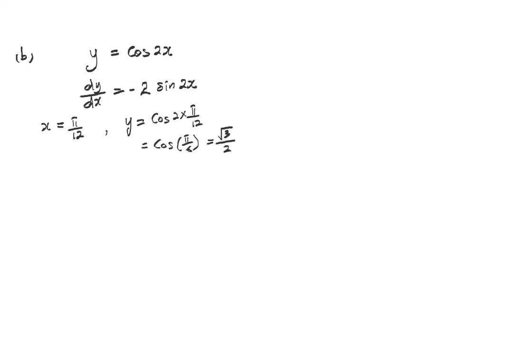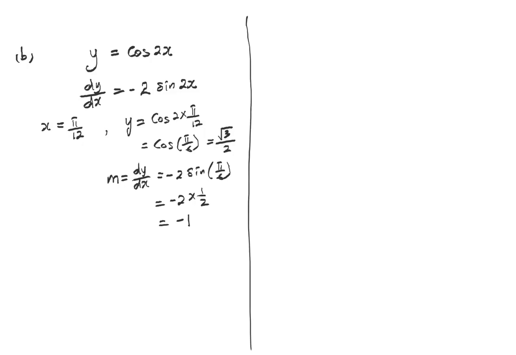Remember, in the equation, all the values have to be exact. And the gradient, which is dy/dx, is equal to negative 2 sin pi by 6. So this is half, so I get negative 1.